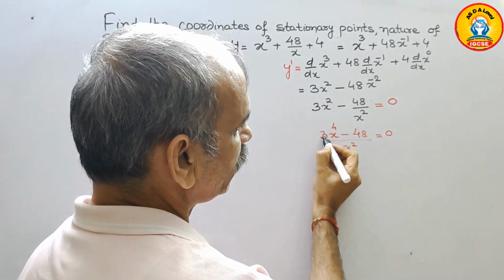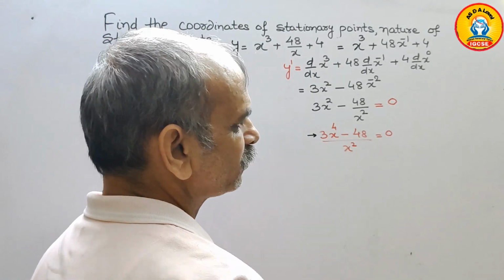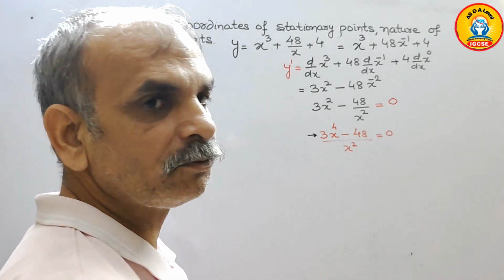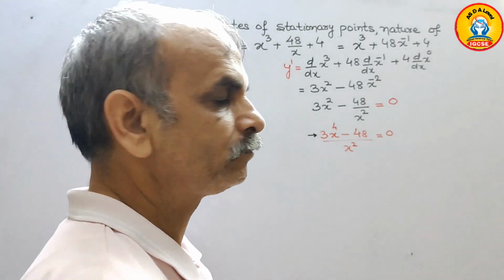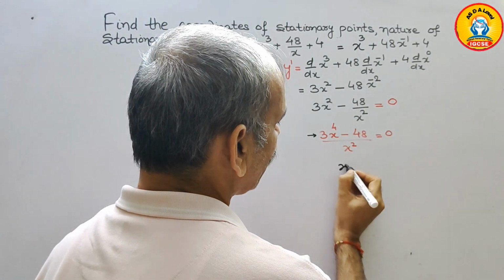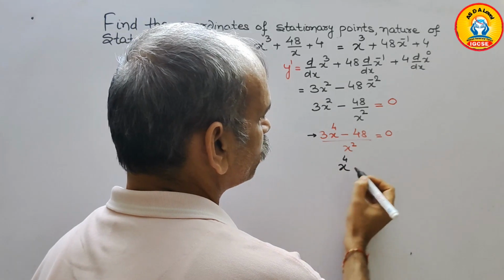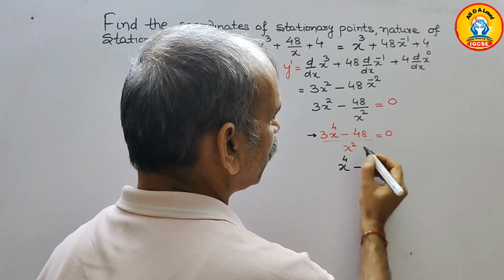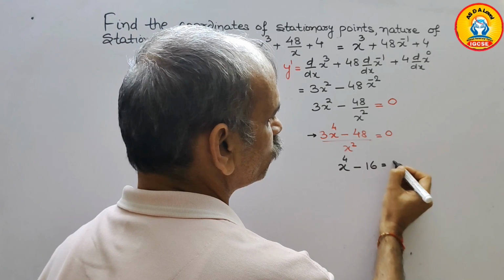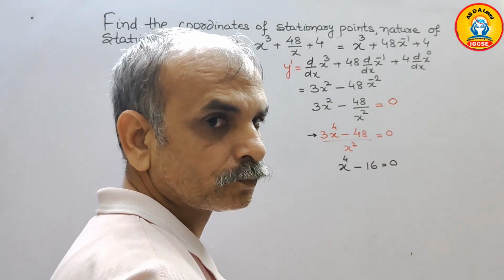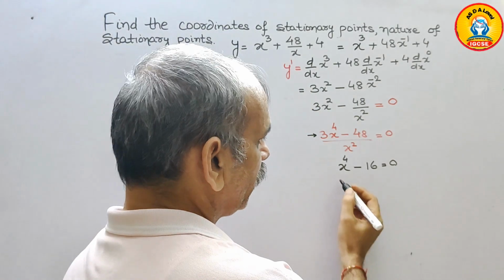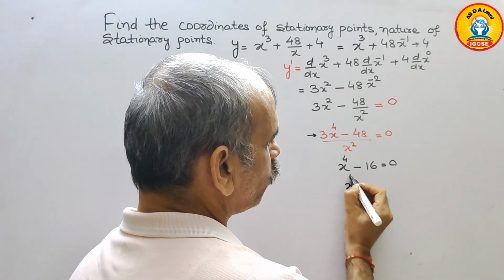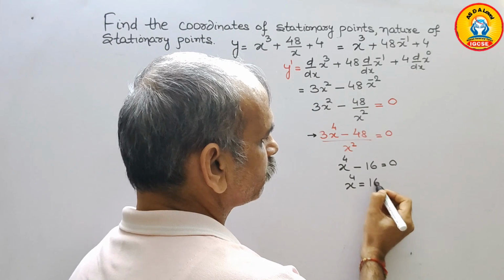Only this value will be there, and that is divisible by 3. Divide it, and we will get x to the power of 4 minus 16 is equal to 0. Now x to the power of 4 is equal to 16.